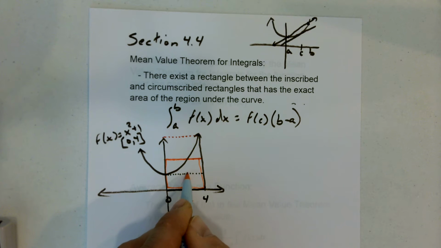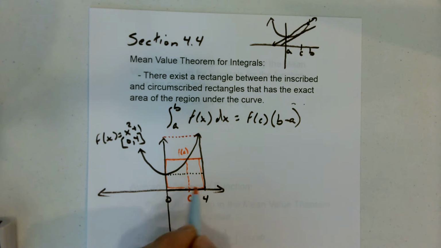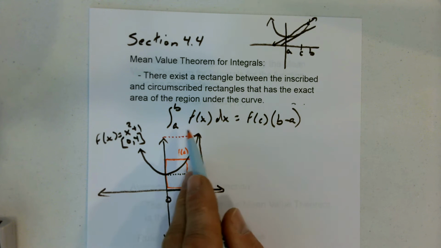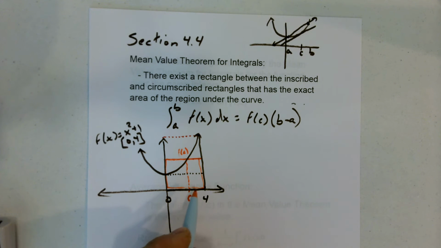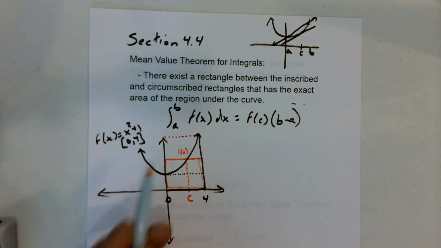I found it by finding my value, f of c, and multiplying it by my delta x. In this case, my delta x was 4, so I went from 0 to 4. And that's what we're going to see up here. We see that the integration from a to b of f of x dx is equal to some c value, f of c, times the distance from my upper to my lower bound.